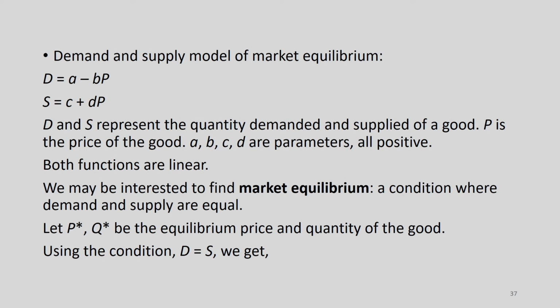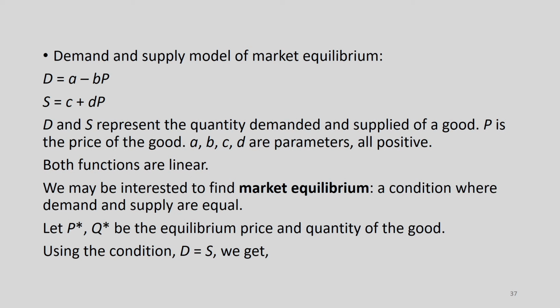Capital D and capital S are the quantity demanded and quantity supplied respectively of a particular good. So, capital D is the quantity that people are demanding of a particular good, and S is the quantity that is being supplied of that good.